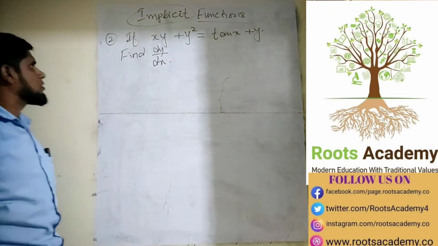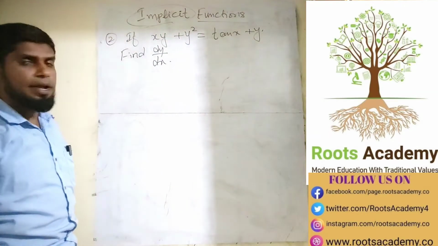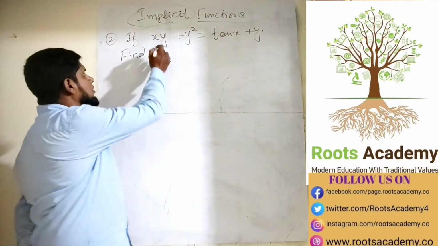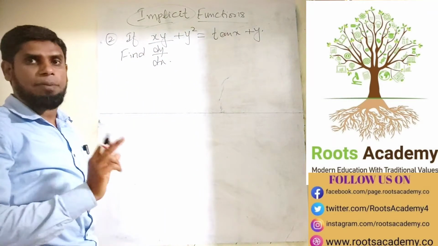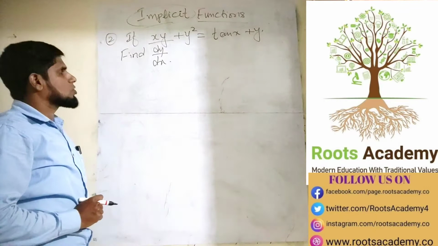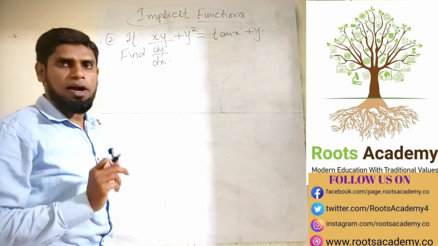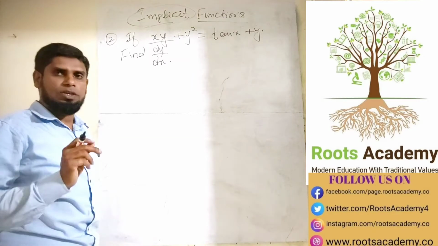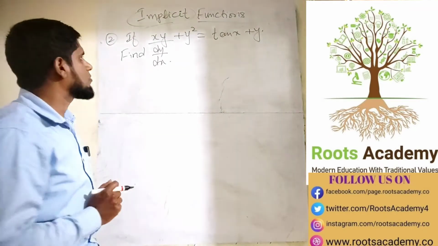In our function, the dependent and independent variables are multiplied here. So the moment we have two functions multiplied under differentiation, we should know that we should use the product rule.